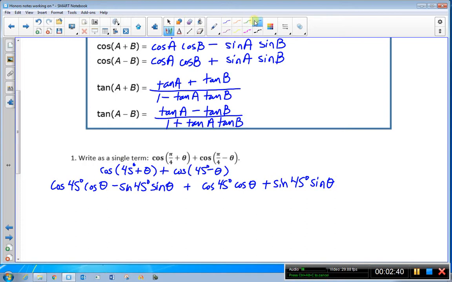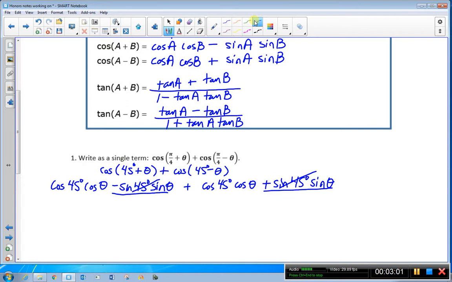So now I'm going to combine some like terms here. The sine 45 sine theta negative and the sine 45 sine theta positive, those cancel. So those equal 0, and then we're just left with cos 45 cos theta plus cos 45 cos theta.